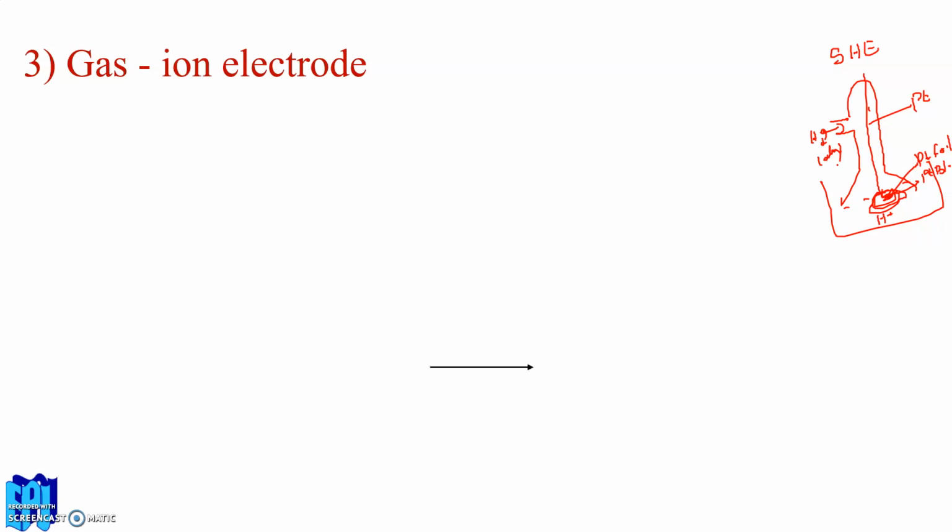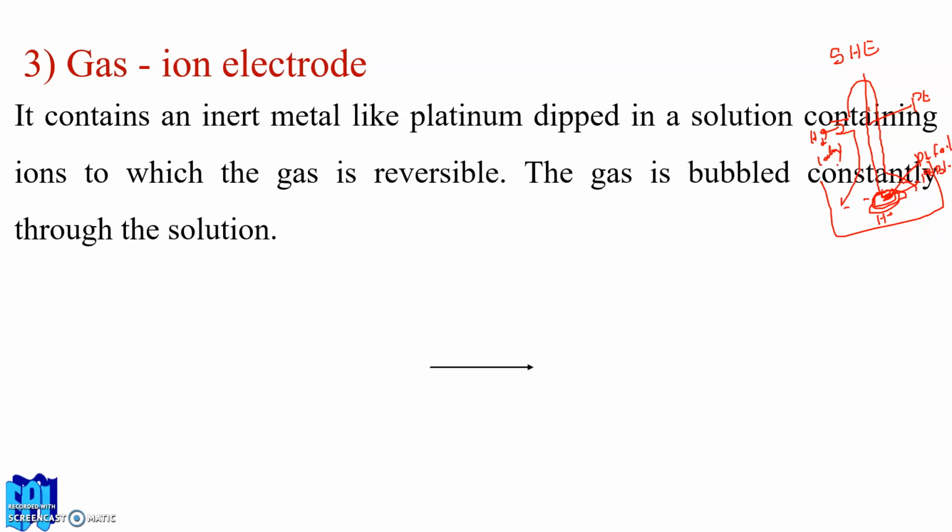If you know the structure of the SHE, then you can write how a gas ion electrode is built. It consists of an inert metal like platinum, dipped in a solution containing ions to which the gas is reversible. Whatever the gas, its ionic solution should be taken in the beaker.